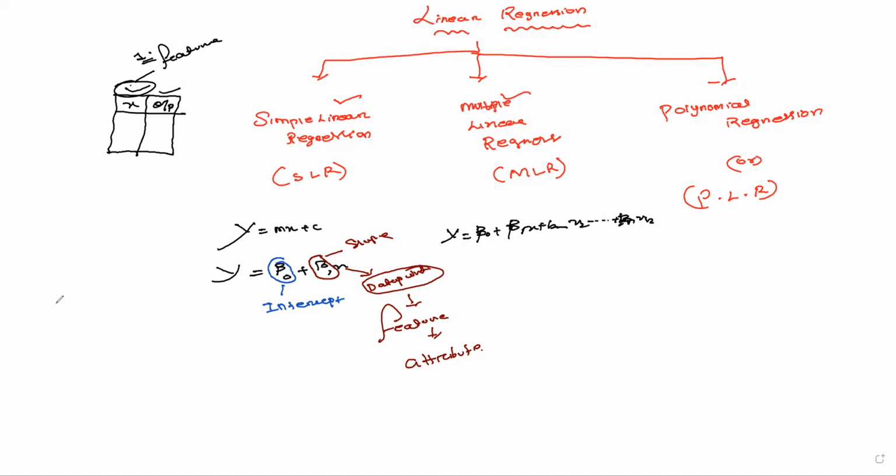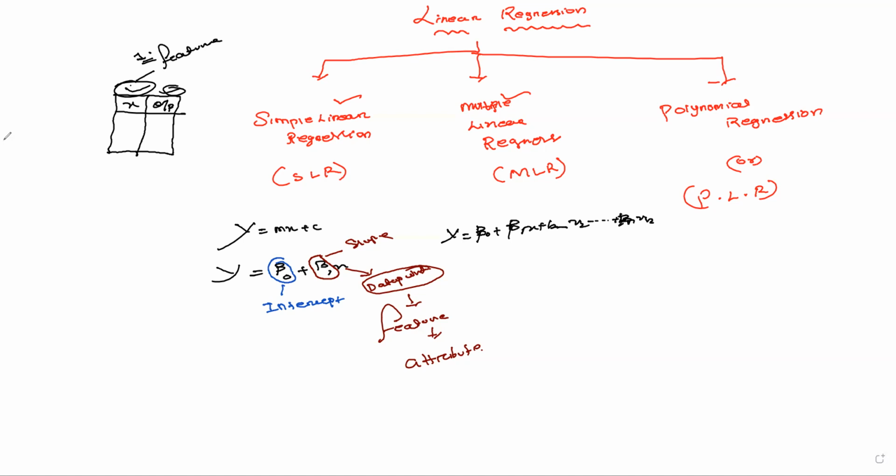So the multiple linear regression concept came because the number of features increases, not the number of outputs. The output is the same, but it depends upon the number of features.